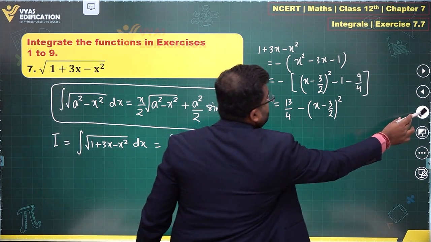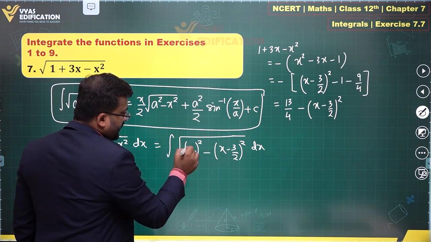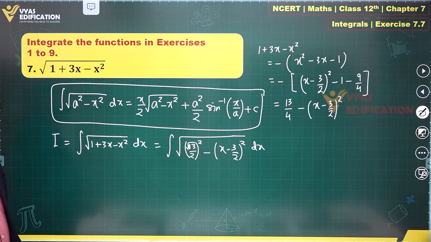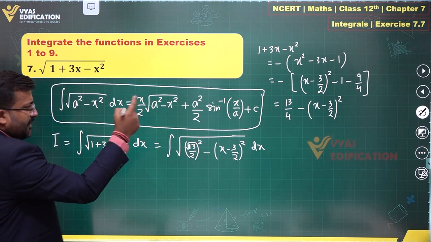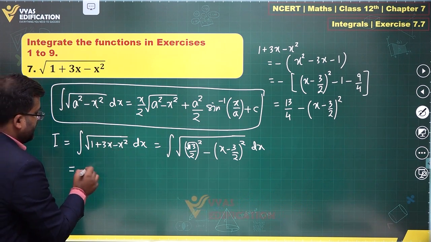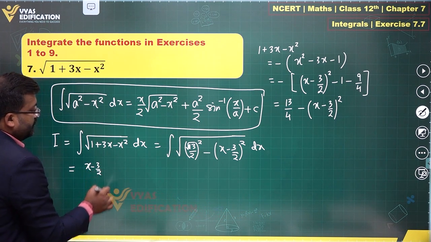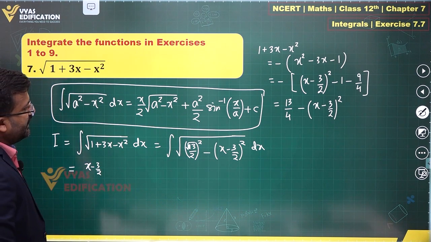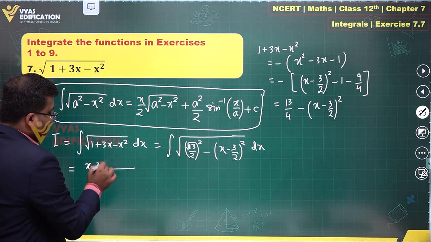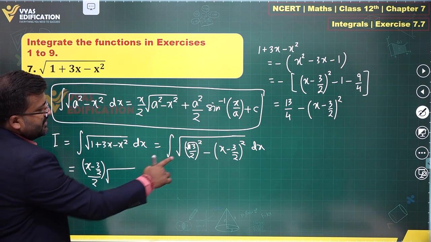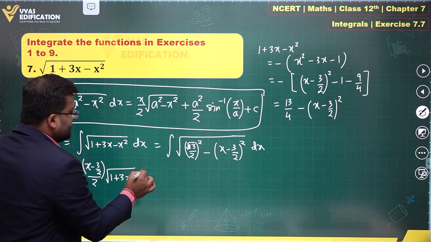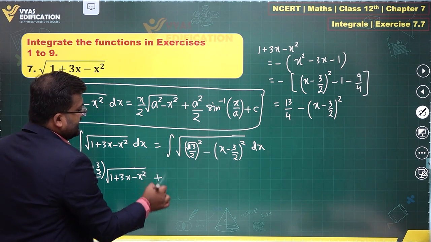Let's not make a mistake in this. A is the square root of 13 by 2. Directly applying the formula, this tells me x by 2, so instead of x you have x minus 3 by 2, and by 2 under root of a square minus x square, which is actually 1 plus 3x minus x square, plus a square by 2.